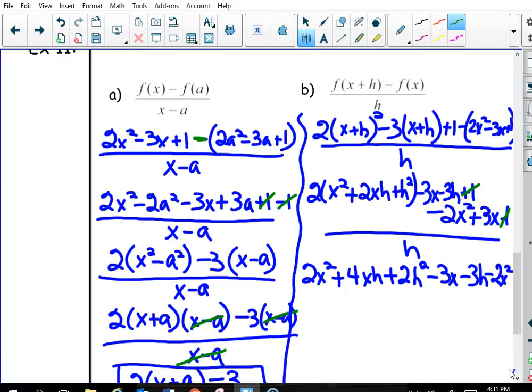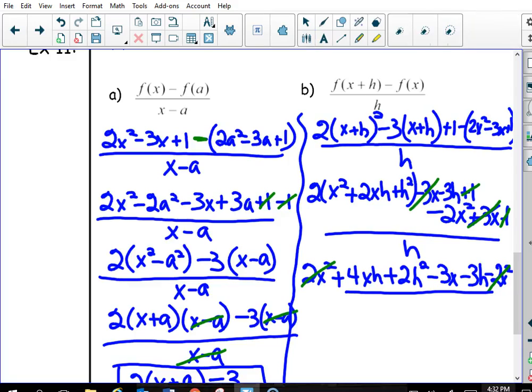And what do I get? Those x squareds go away. Oops, I forgot my denominator. Once those x squareds go away, though, I forgot to cancel that 3x with that negative 3x, and that means that middle 3x goes away.